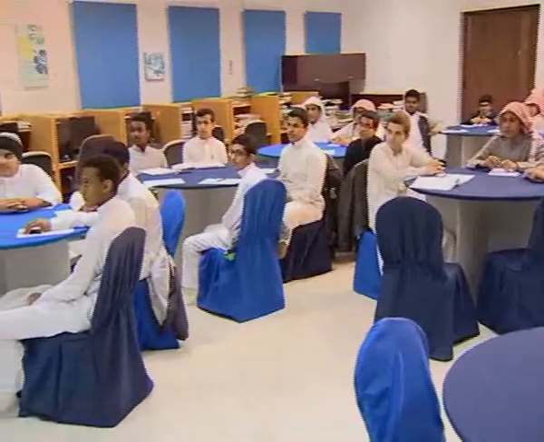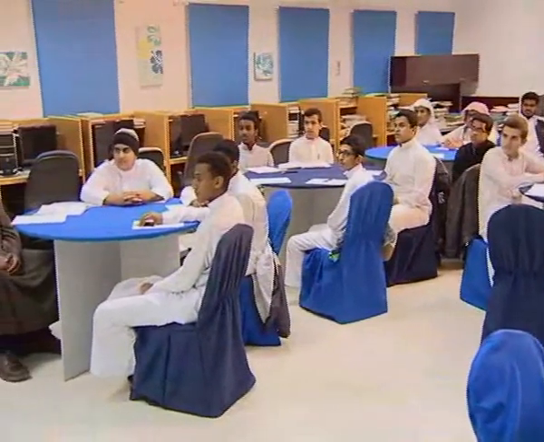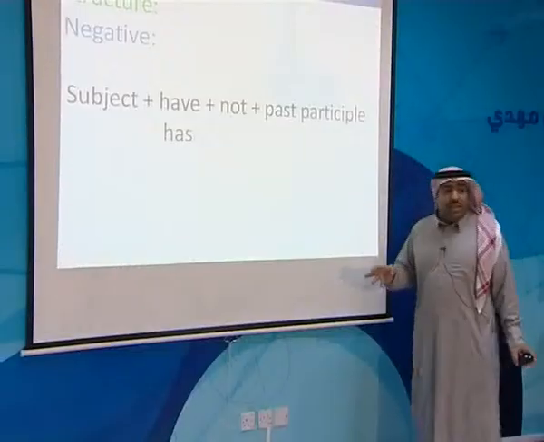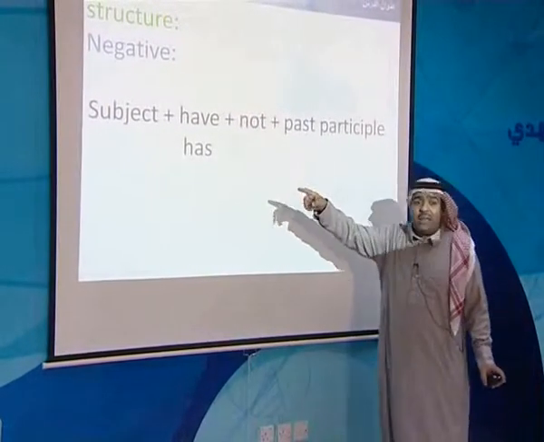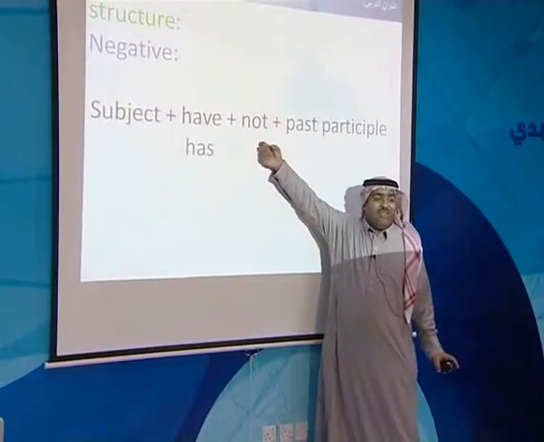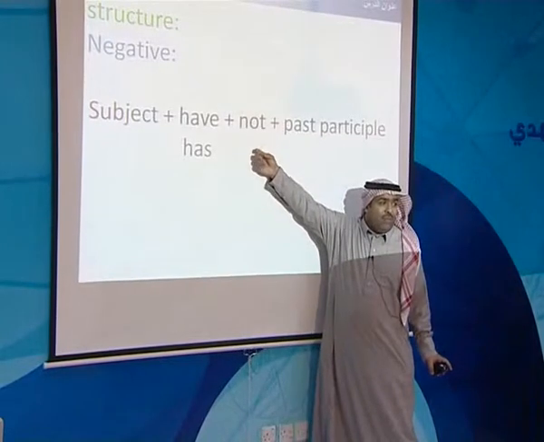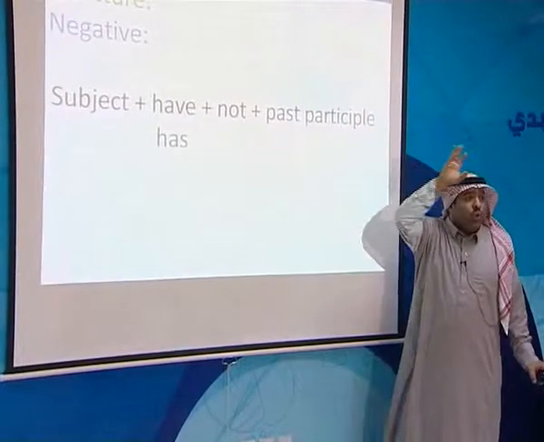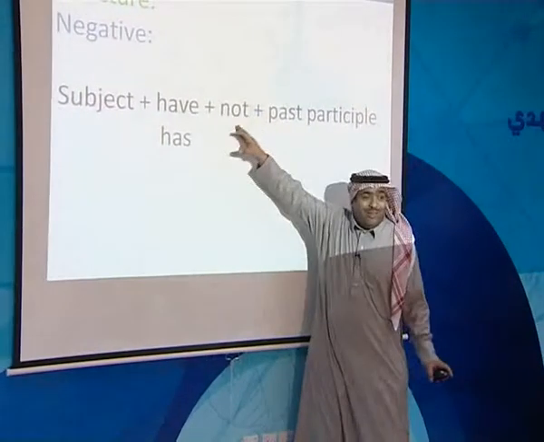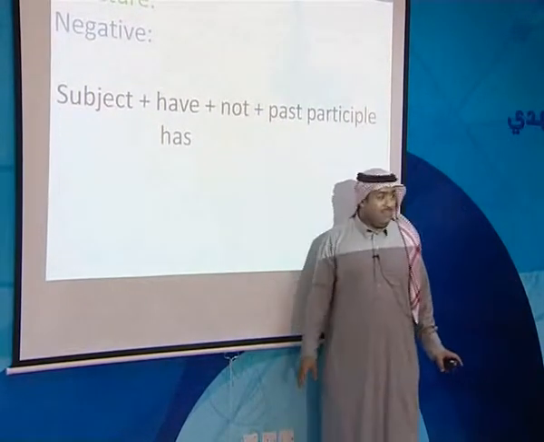In the negative form, if I want to make a negative sentence, what will I do? With negative, we start with the subject, then have or has, plus not for the negative form. Then the past participle. So we just add not after have and has.